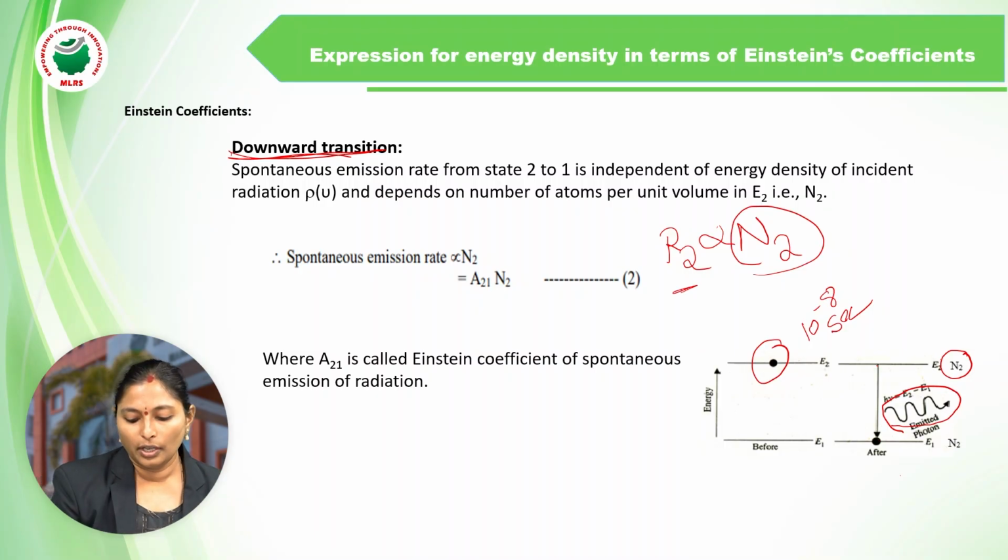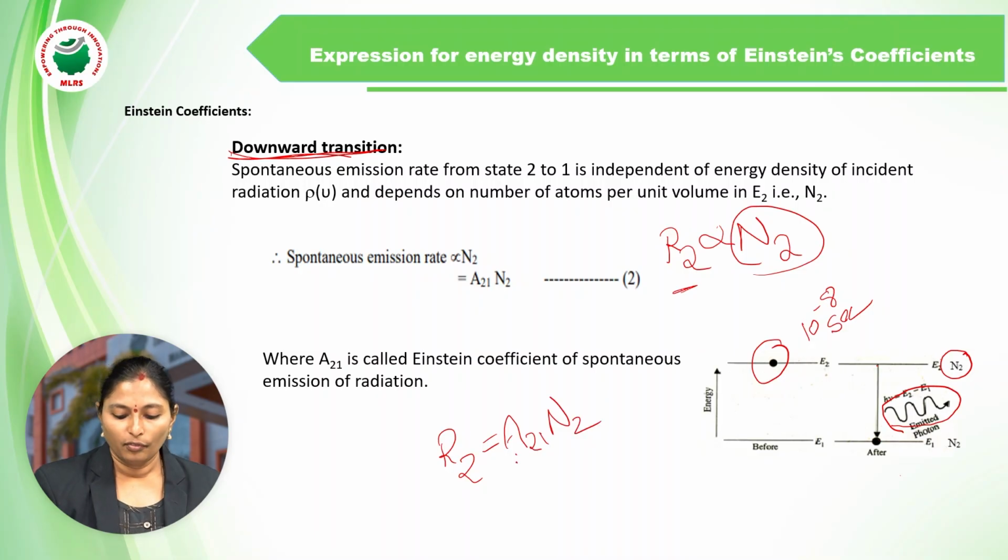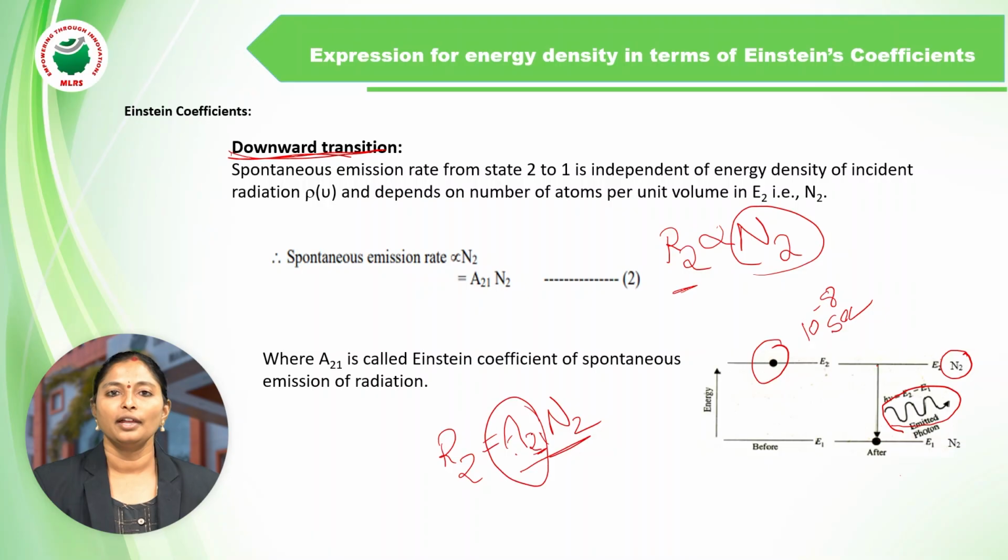So here R2 equals A21 N2. 21 means we are getting the transition from second to first, that means from the excited to the ground level. That's why 21. Where A21 we are going to call the Einstein coefficient of spontaneous emission radiation.